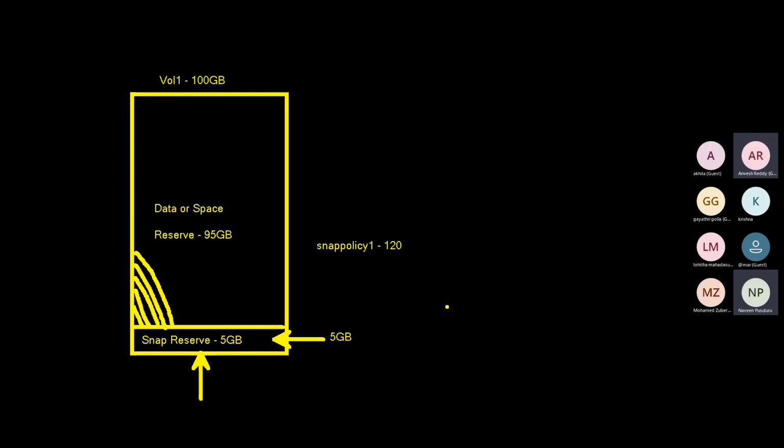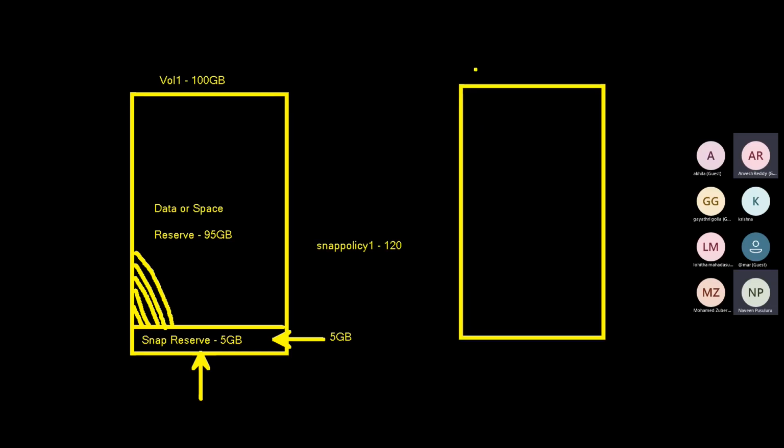For example, I have created a volume called vol2. Let's assume this is 50 GB, and I have configured a snap reserve of 0% here. That means no snap reserve. The entire space is for my data only.